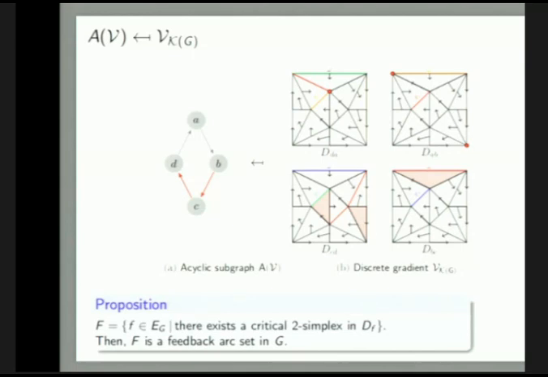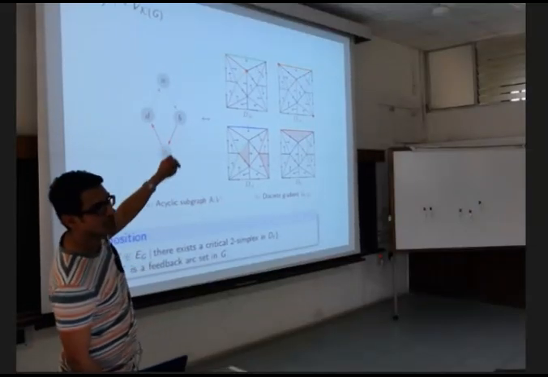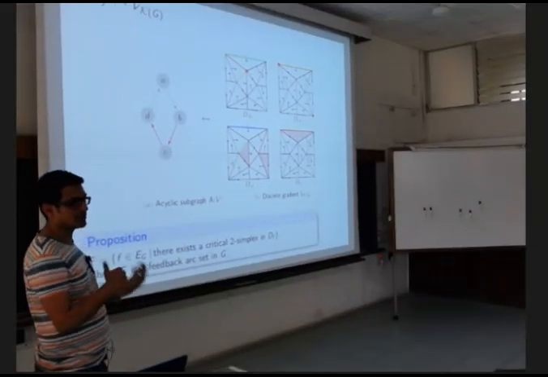Here, your dunce hat has 2 critical simplices, so this is a part of the feedback arc set, and that one has 1 critical 2 simplex, so this one is included. But the other ones don't have critical 2 simplices, so those 2 edges are not a part of the feedback arc set.